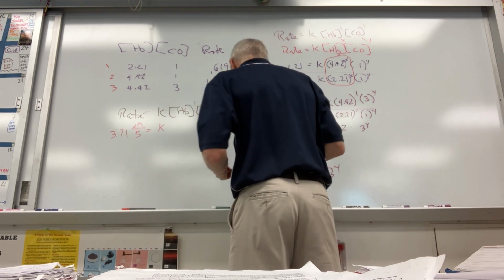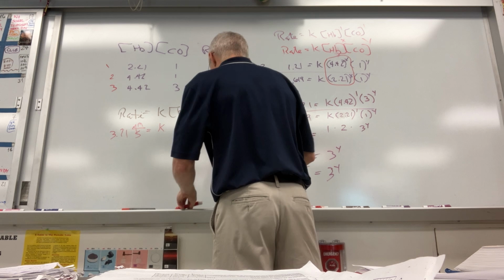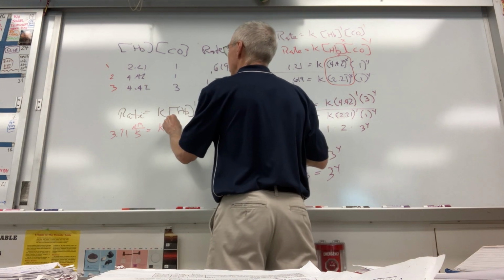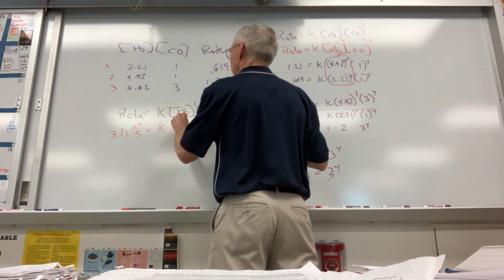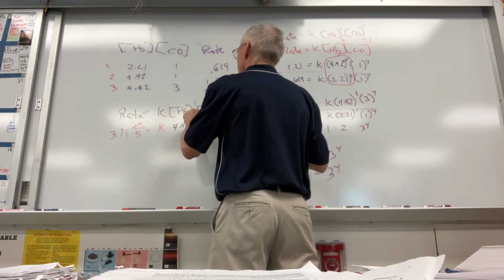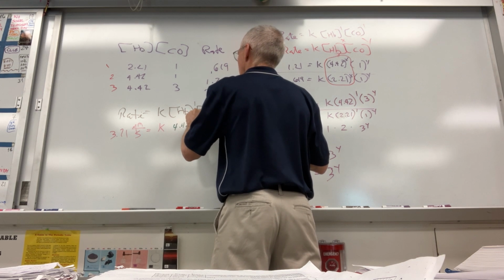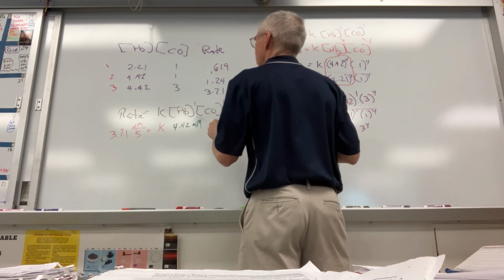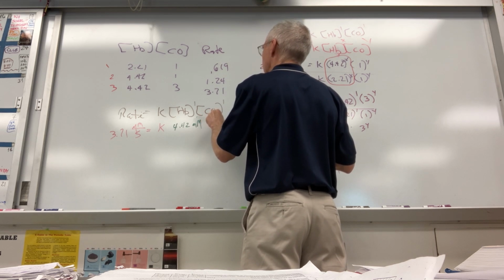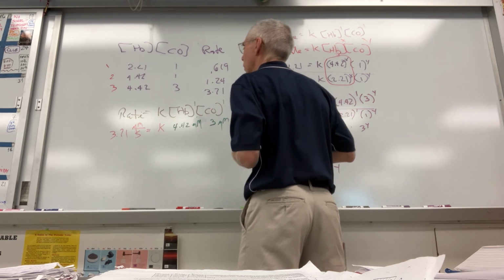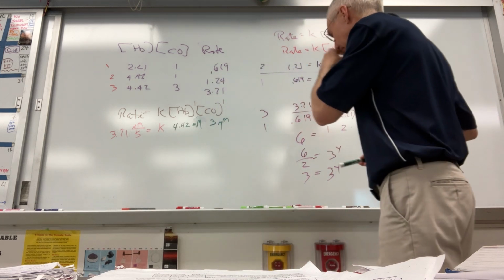HB is 4.42 millimolar, just plain old millimolar. And the last one is 3 millimolar. So there's 2 bits we got to do.